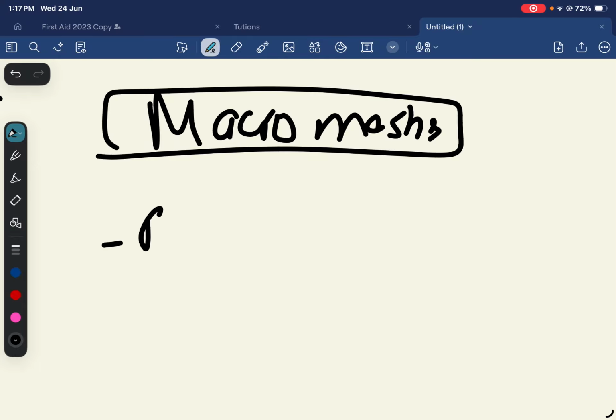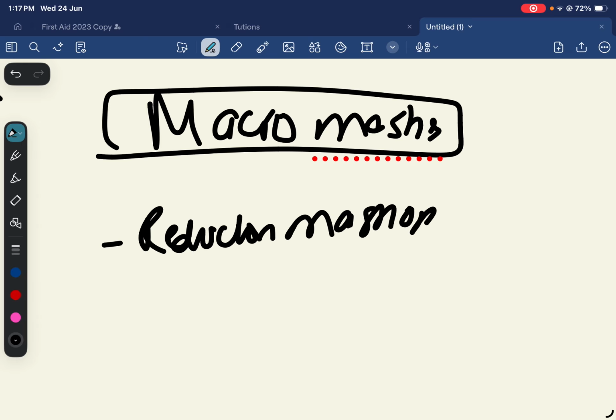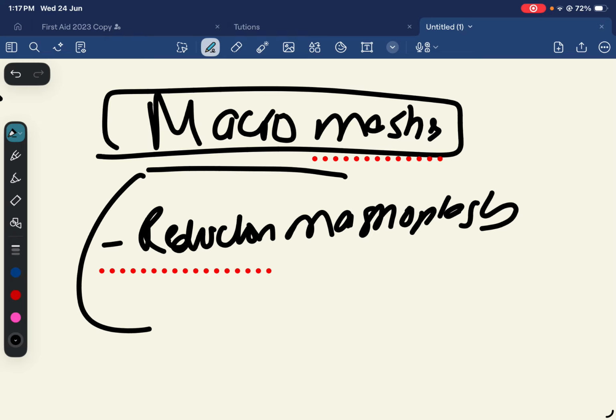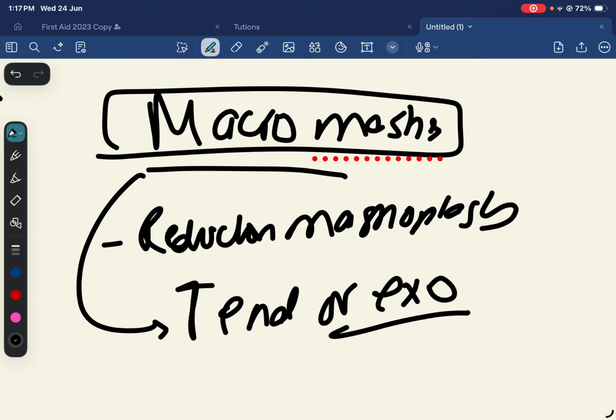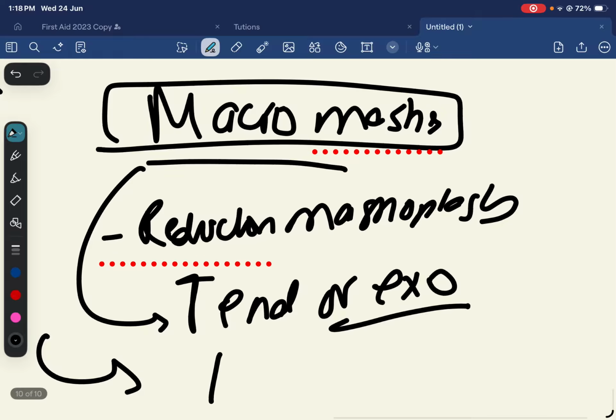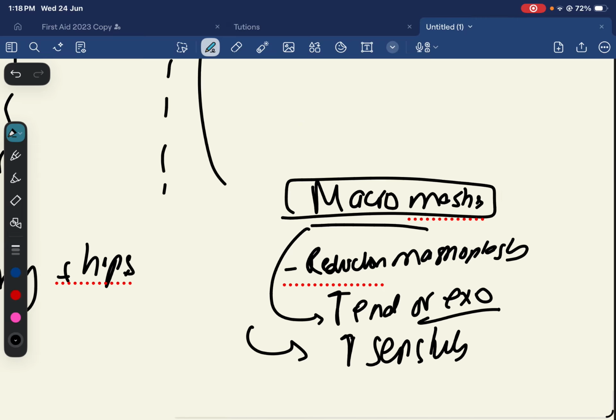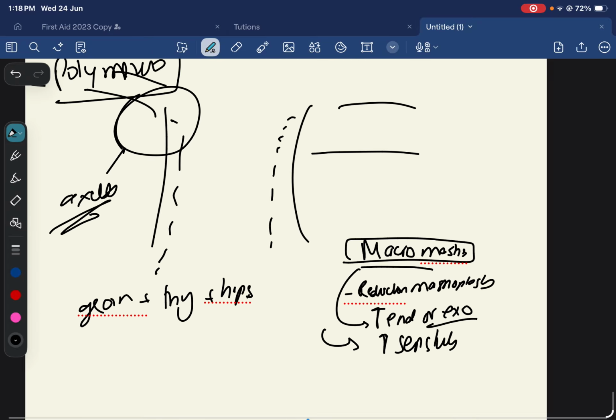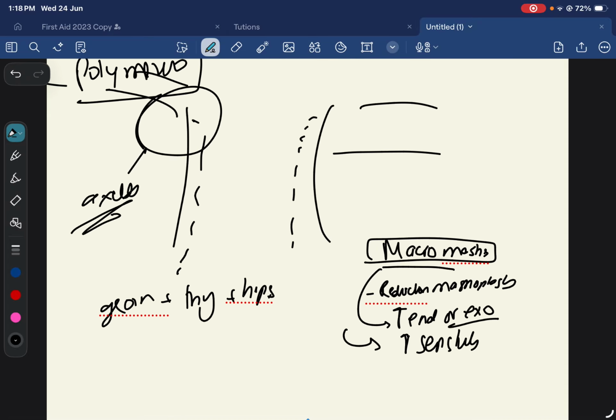So for that, reduction mammoplasty is done. The reason behind macromastia would be either excessive endogenous or exogenous hormones. Second, it could be because of increased sensitivity toward hormones as well, leading to macromastia, for which reduction mammoplasty is done.